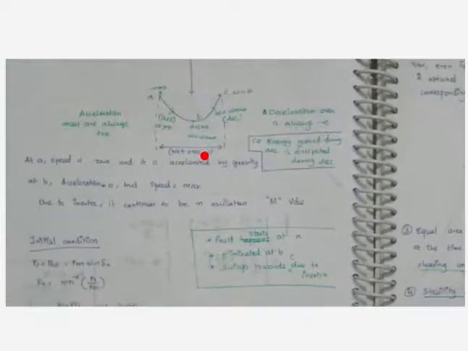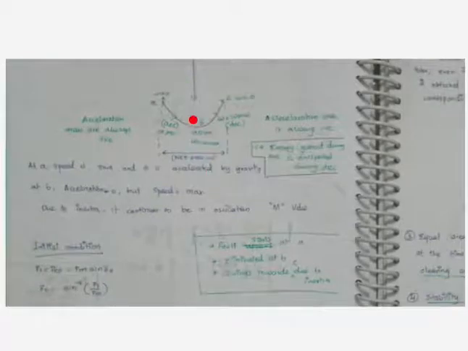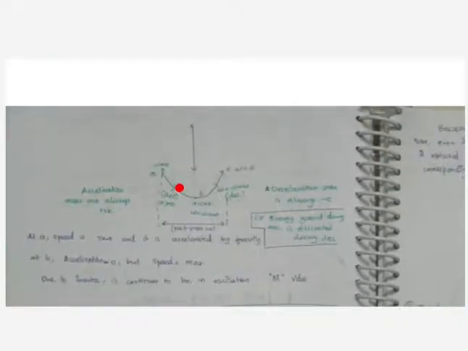Basically, what happens? At this point, acceleration is 0, but omega is equal to omega max. So this is our original condition.